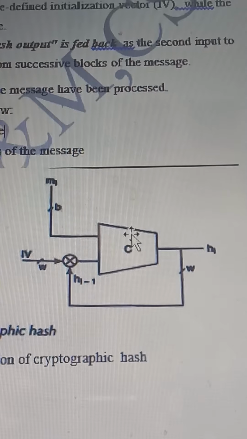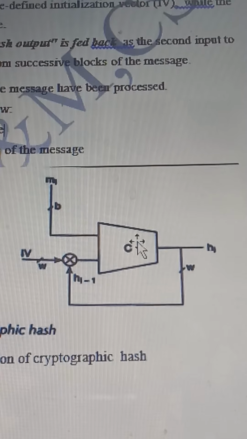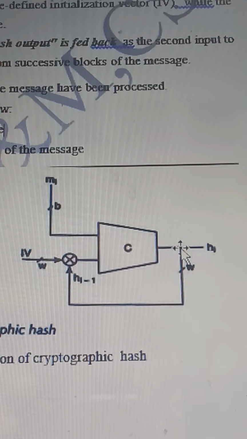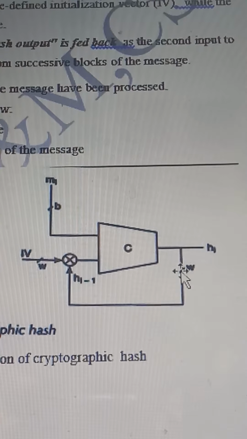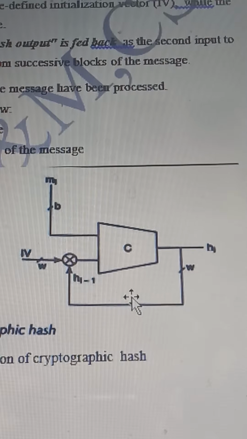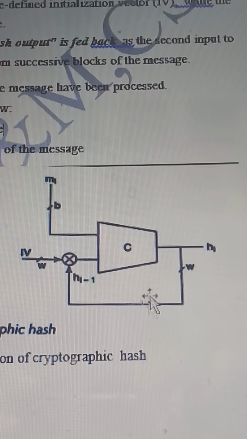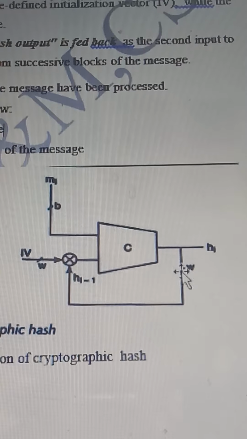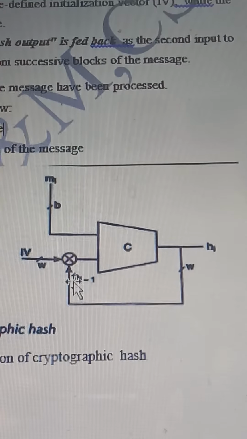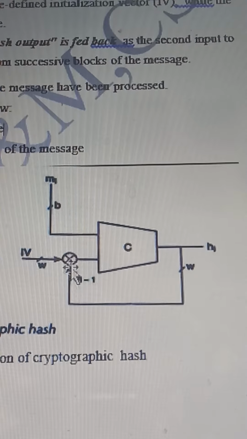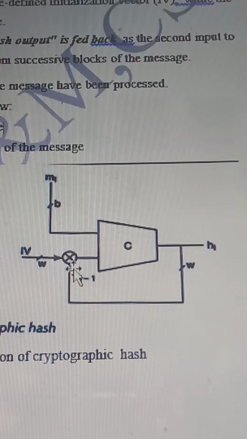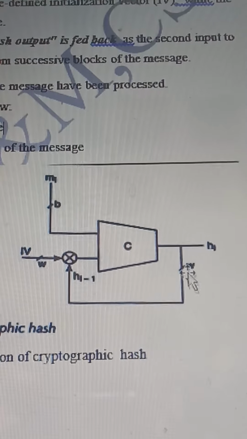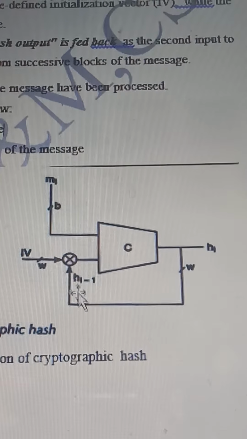In the subsequent iterations, the partial hash output is fed back as the second input, as we are seeing in this line, which is coming from H, and we are connecting back to this XOR operation. That is, in the subsequent iterations, the partial hash output is fed back as the second input to the C box.